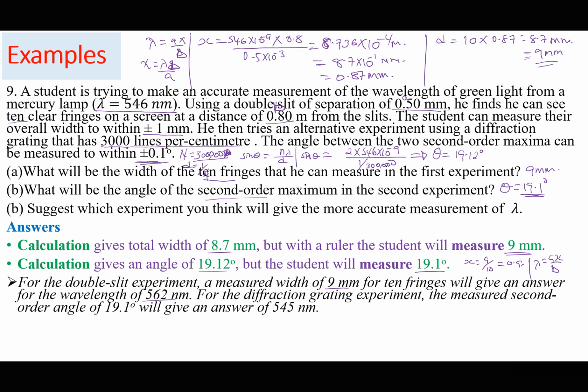Then for the experiment of the diffraction grating, the measured second angle is 19.1, and this will give an answer of 545. We can check this.